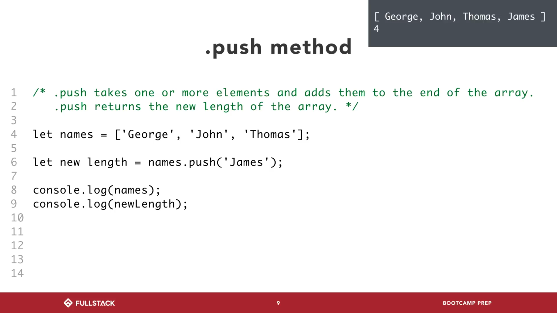You want to just add something to an array. In that case, it's easy for you to just do names.push, right? You don't always have to capture the output of the function if you don't need it. But regardless of whether or not you're capturing it, dot push will always give you back the length of the new array. So if you want to use it, use it. If you don't, don't. But dot push essentially allows you to add things to the end of the array.